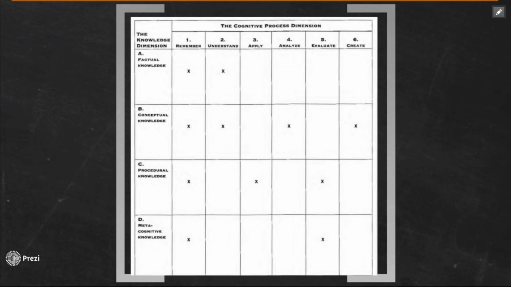And in part B, when the student can do the activities from remember and then understand and then analyze and even they can create, so they have ability in the conceptual knowledge.